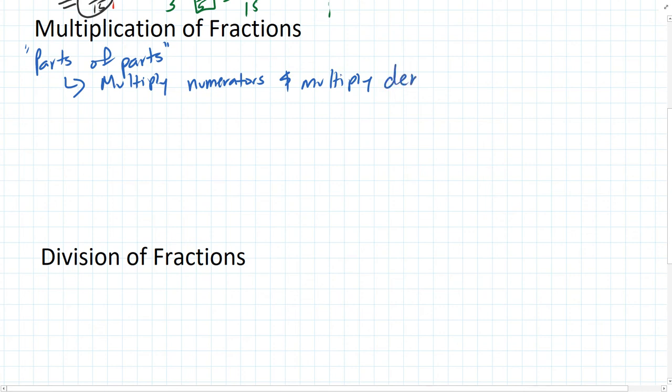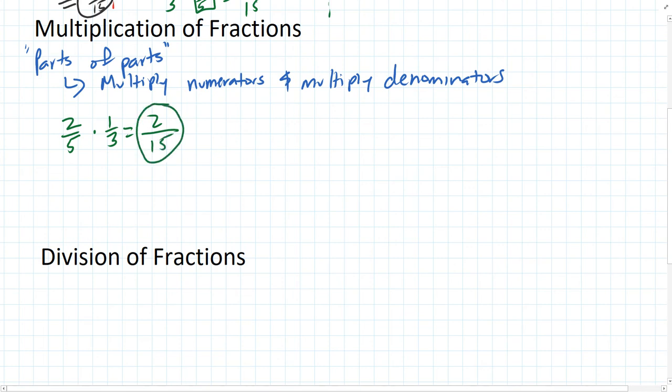Okay, so let's actually look at the same fractions, but instead of adding that we did before, let's go ahead and multiply it. So we're going to multiply 2/5 times 1/3. Okay, numerators 2 times 1 is 2, 5 times 3 is 15.